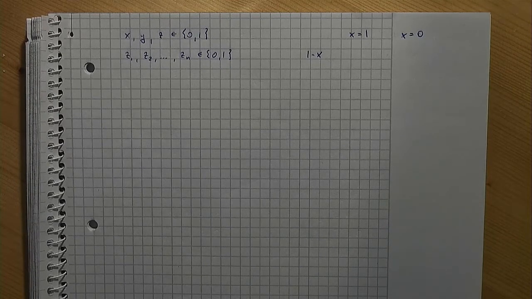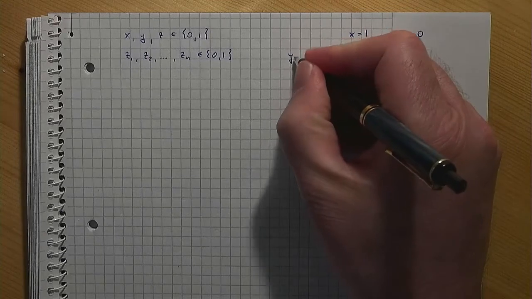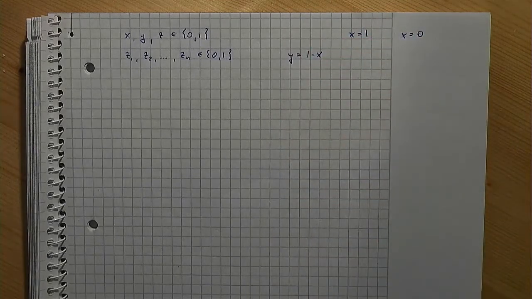So if we let y equal 1 minus x, the value of y is 1 if x is 0. Or, to state it in a more complicated way, y indicates if it's true that x indicates false. It would be simpler to say that y equals 1 indicates that something is false.